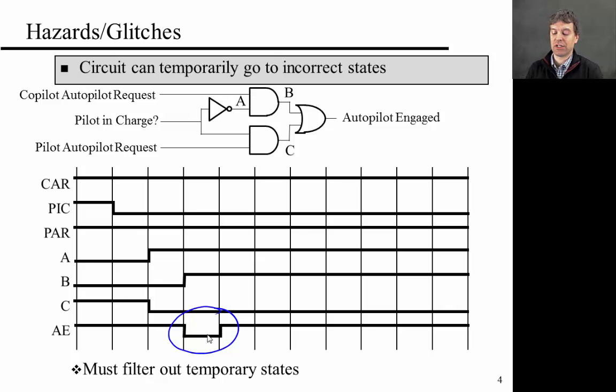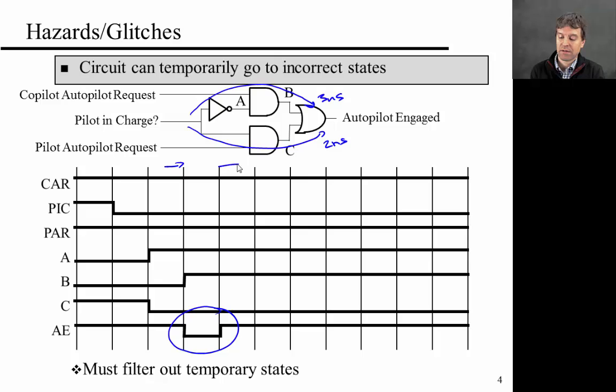The reason this glitch occurred, if you remember, was that there are different path lengths. There's a signal here, pilot in charge, that can be true or false, that propagates to this output through two different paths through the same circuit. One path is longer than the other. This was 3 nanoseconds or 3 gate delays. This was 2 nanoseconds. And so at some intermediate time of the computation, there's a little error that occurs.